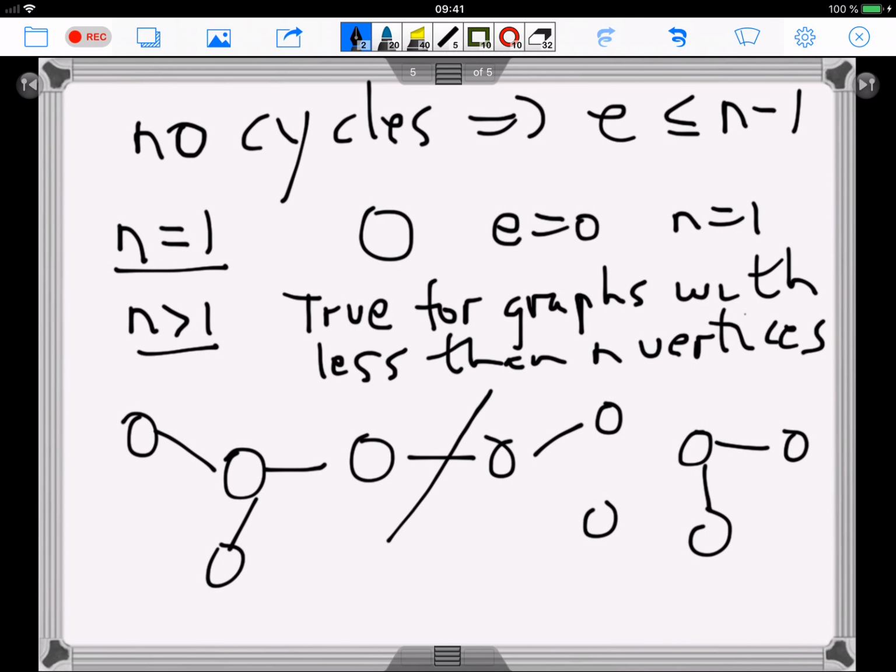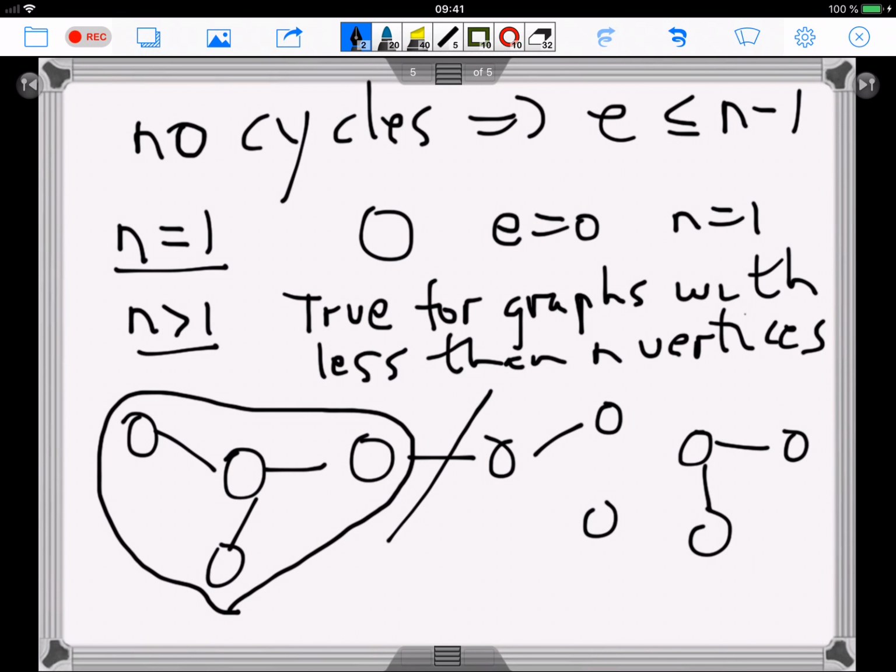I take this edge, for instance, and I remove it, and then I consider the graph of all the vertices that are connected to one of the extremes of the edge that I have removed.